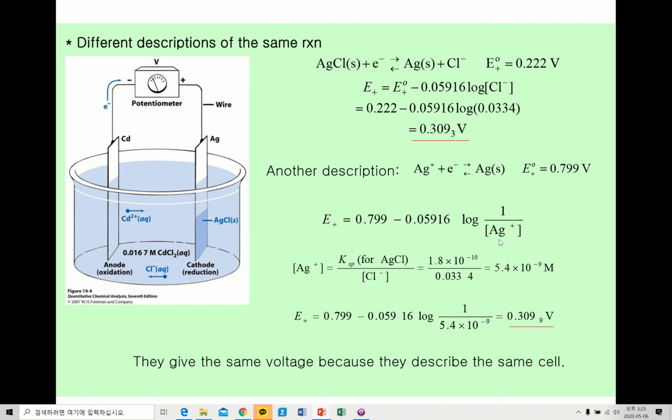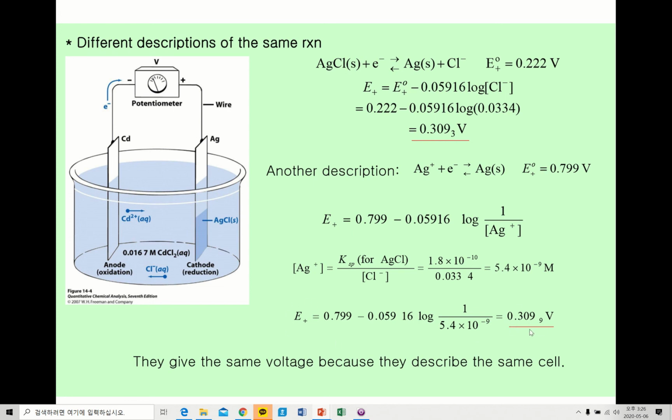Here, we substitute for the silver ion concentration: it is given by Ksp divided by chloride ion concentration, and Ksp is already known, which is 1.8 times 10 to the minus 10, divided by the chloride ion concentration. Then we get this value for silver ion, and we insert this value here, and we get almost identical results.